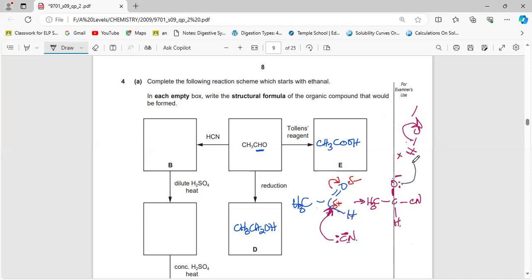As it attacks the hydrogen, it's now going to have CH3. Final answer will give you COH. You have your CN and you have your H. So this is what we call a nitrile, propanenitrile. So 2-hydroxy, because 1, 2, 3 here. 2-hydroxypropanenitrile. So our answer here is CH3CH(OH)CN.